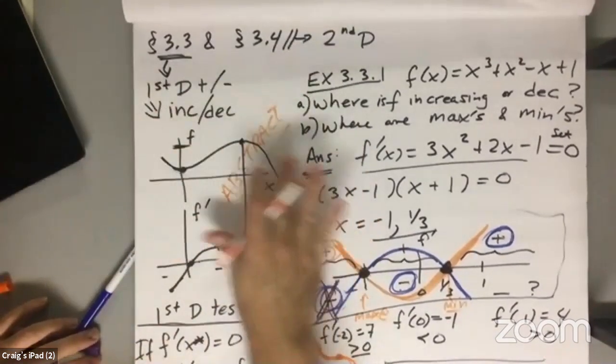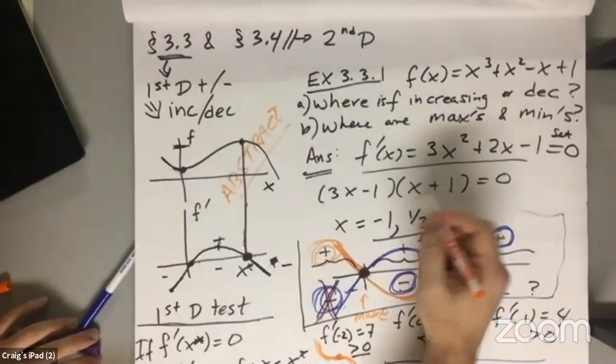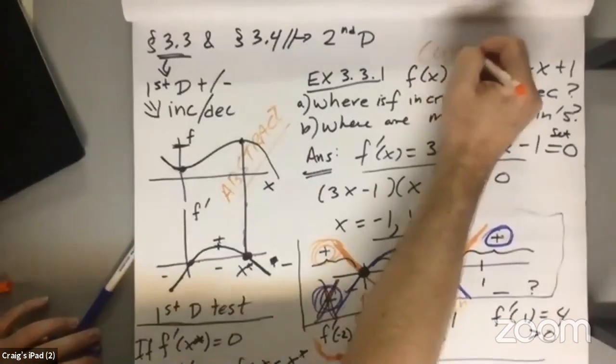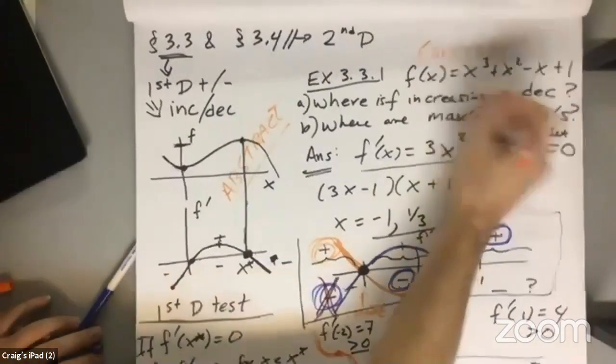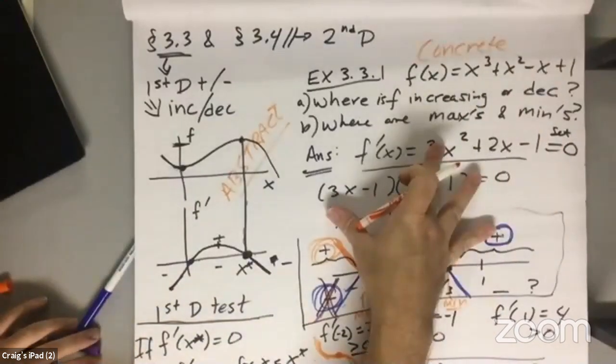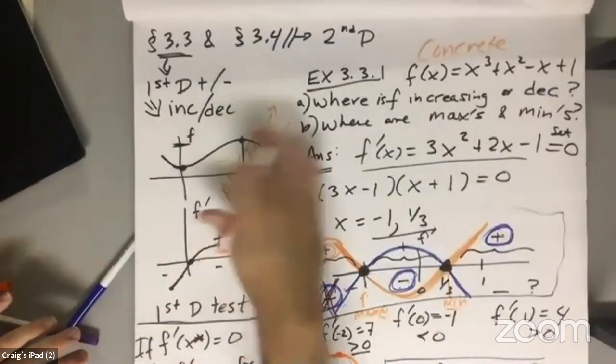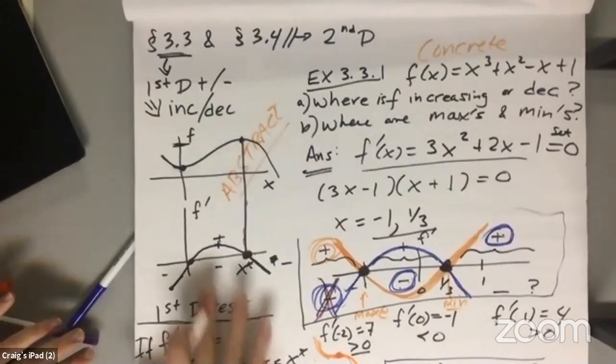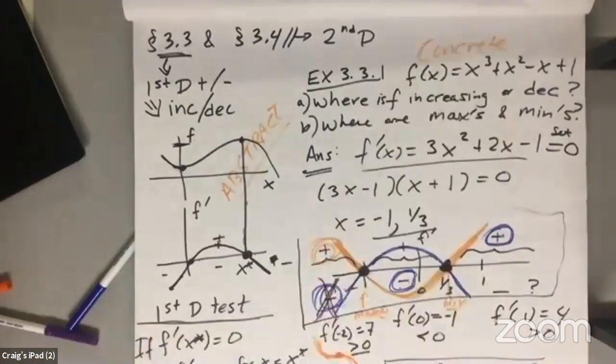I'm just doing an arbitrary function, and then this stuff is actually a concrete problem because I've actually written down the exact formula and then analyzed it. So this is just general hand waving thinking right here, and that's what I'm going to do. And then I'll do a concrete problem again with the second derivative.